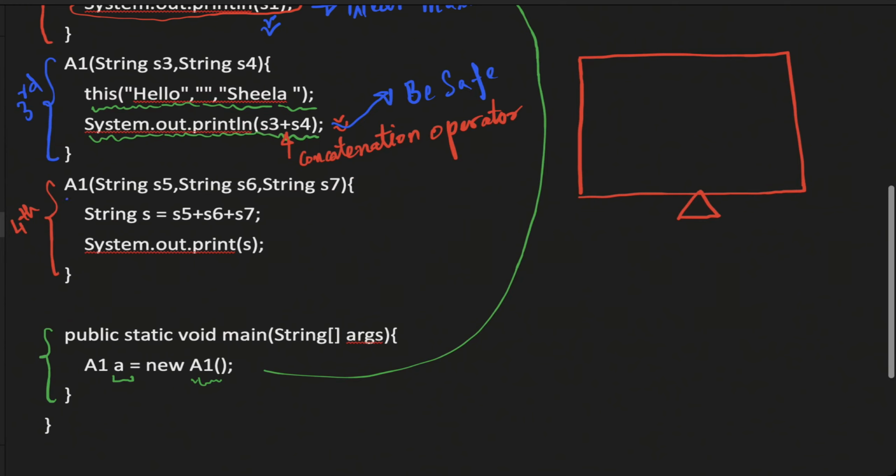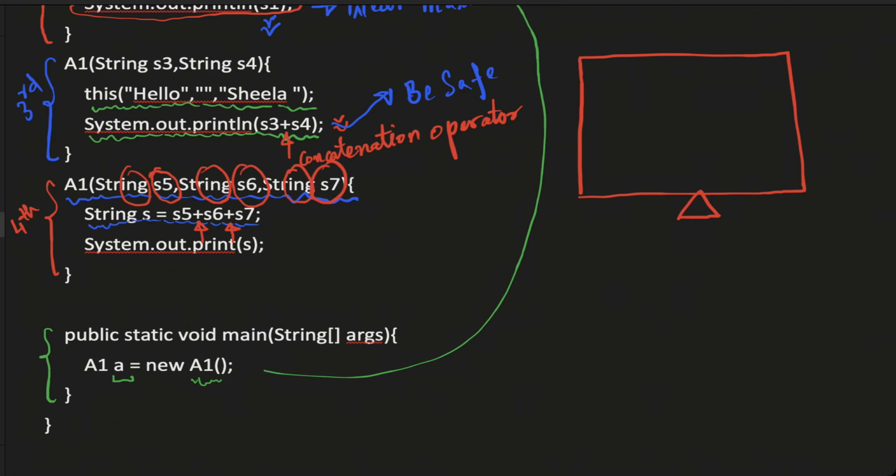What it means, I'm talking about the second line. Again we can see here is the first concatenation operator, second concatenation operator, because we are passing three strings: s5, s6 and s7.